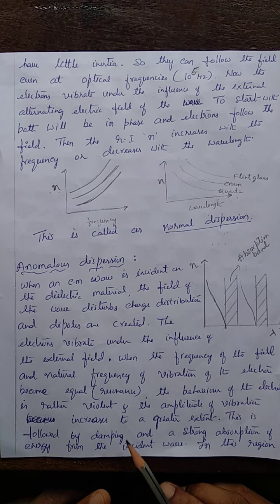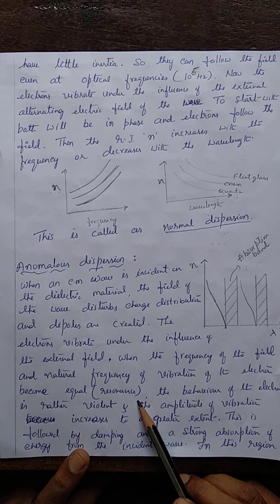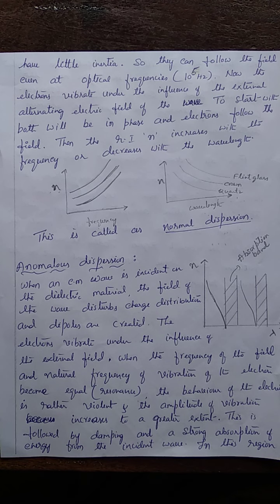When resonance occurs, the behavior of the electron changes very violently. The amplitude of vibration of the electron becomes maximum, so there will be a rapid, violent change in the behavior of the electron.